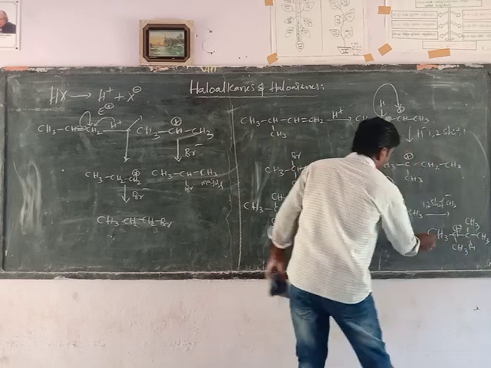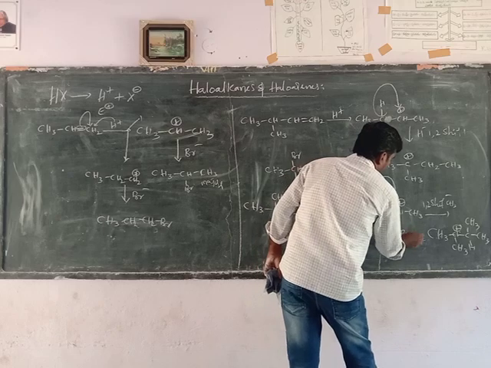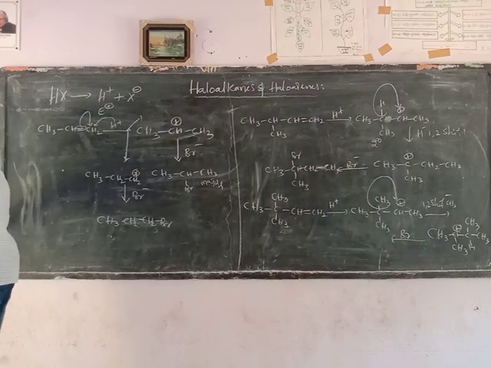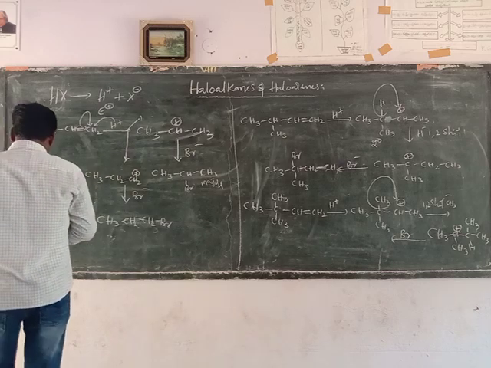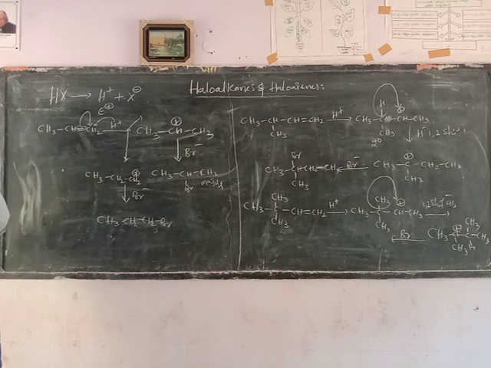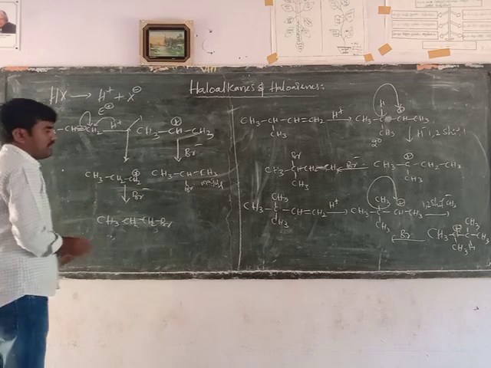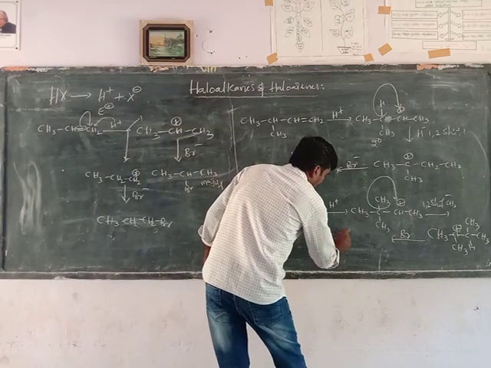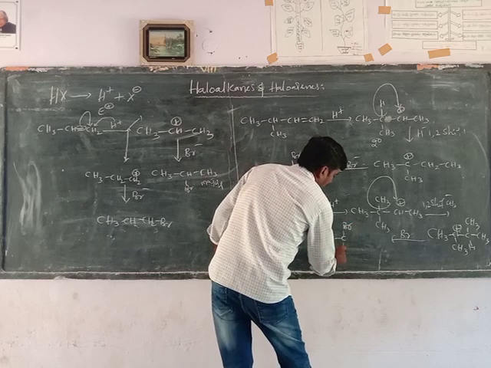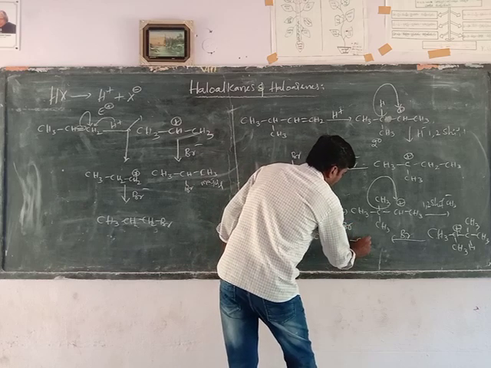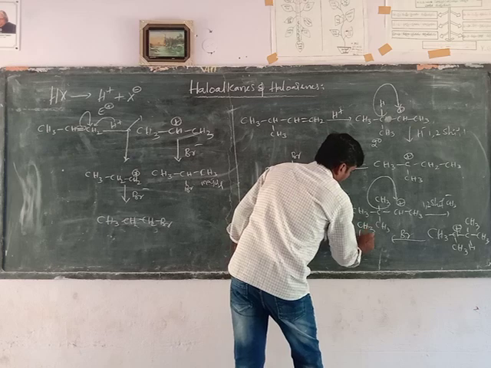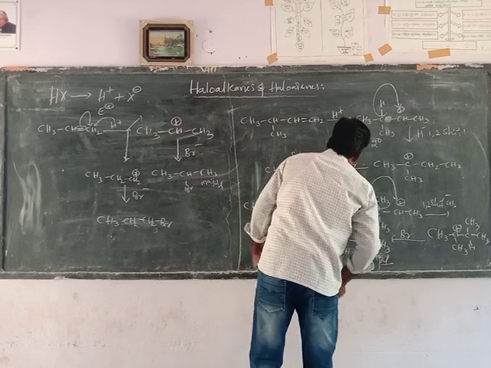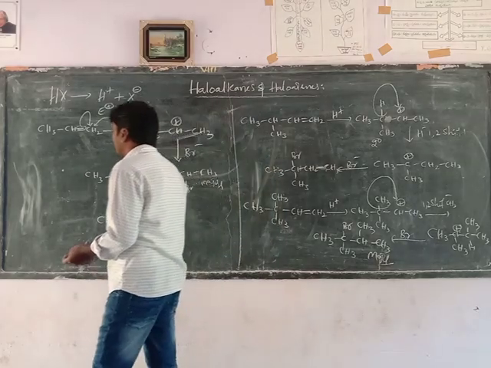Now this tertiary carbocation reacts with Br minus, the negative part of the attacking reagent attacking the stable carbocation, to form the major product. This is the major product according to the Markovnikov rule.